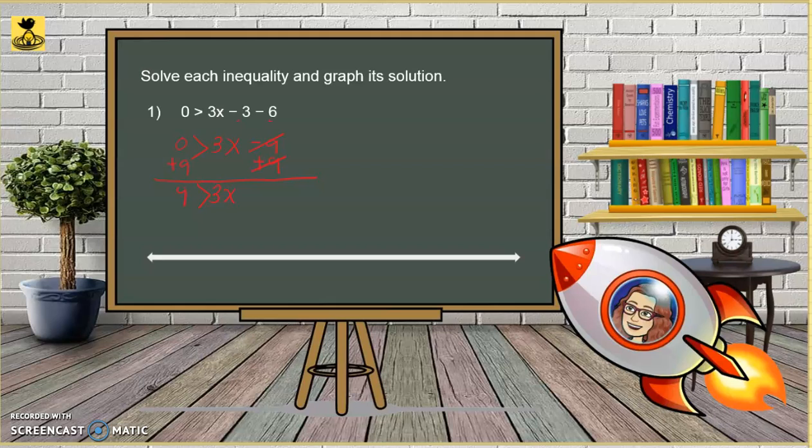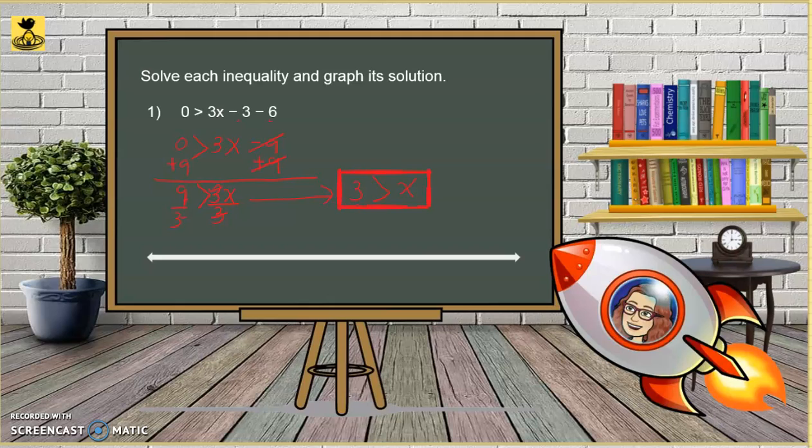We don't want 3 as well, so we will divide both sides by 3. 9 divided by 3 is 3, greater than 3 divided by 3 is 1, and 1 times x is just x. So this is our solution.